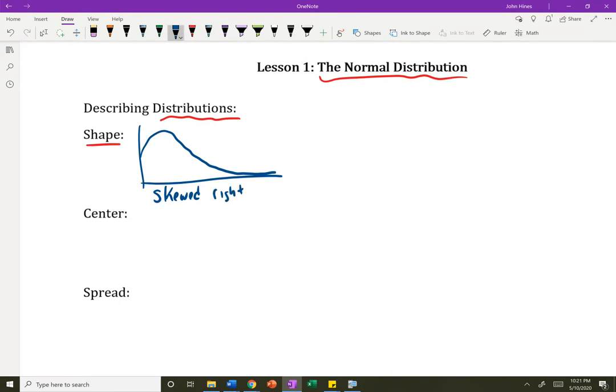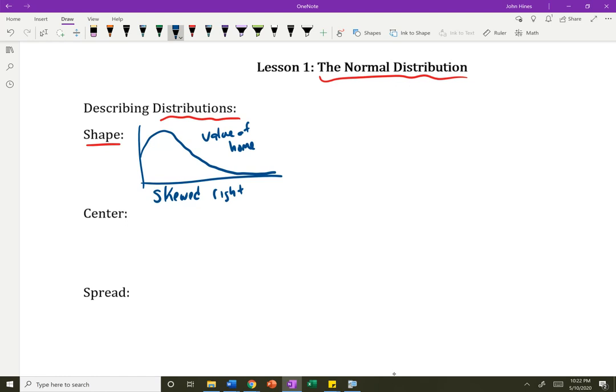We're not going to work with a lot of skewed right data. But if you're looking at the values of homes in Cornwall, a lot of them are going to be in the lower range, and then there's going to be a couple of the more expensive homes. There's not many of them, but they give this distribution a tail out to the right.